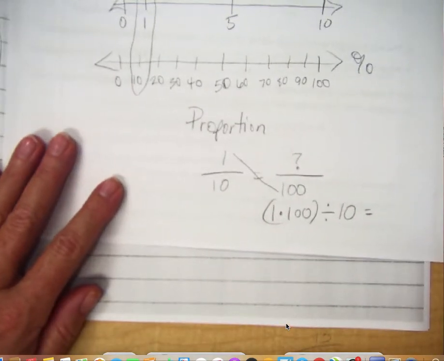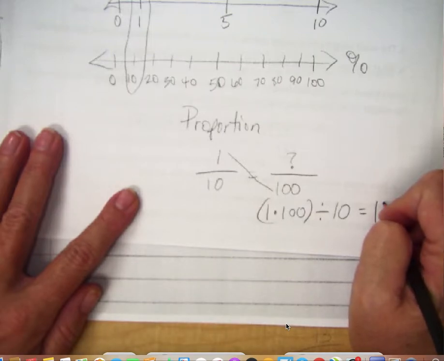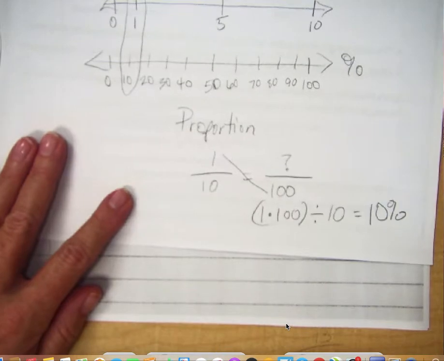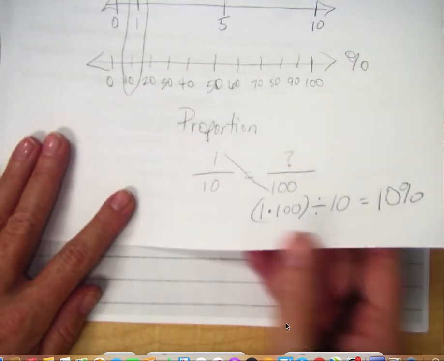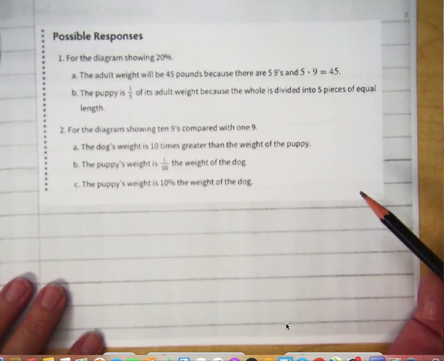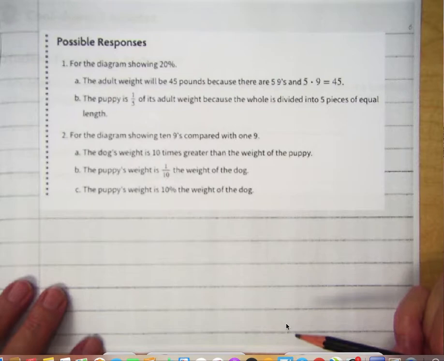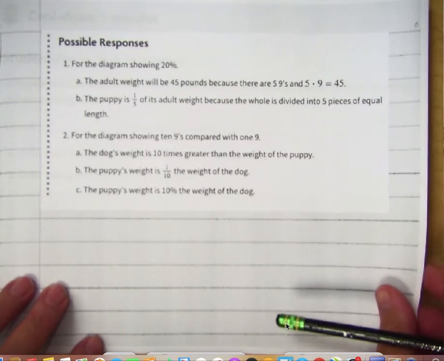So what would I get? I would get 10%. Okay? 10%. Questions? Okay? Here are the fancy explanations. If you want to pause the video and read these, please feel free to do so.